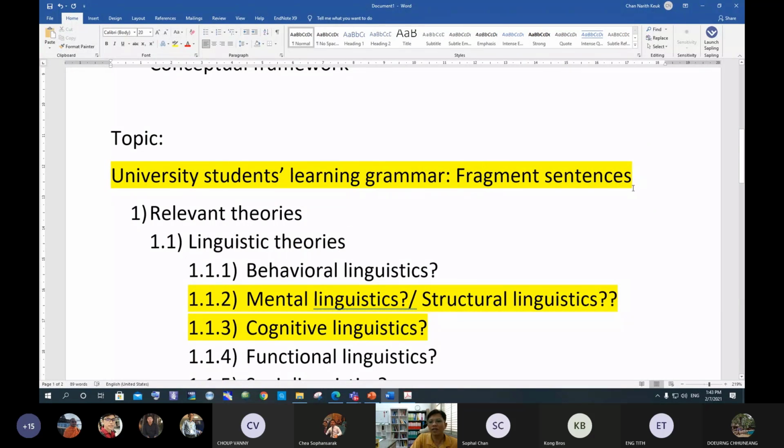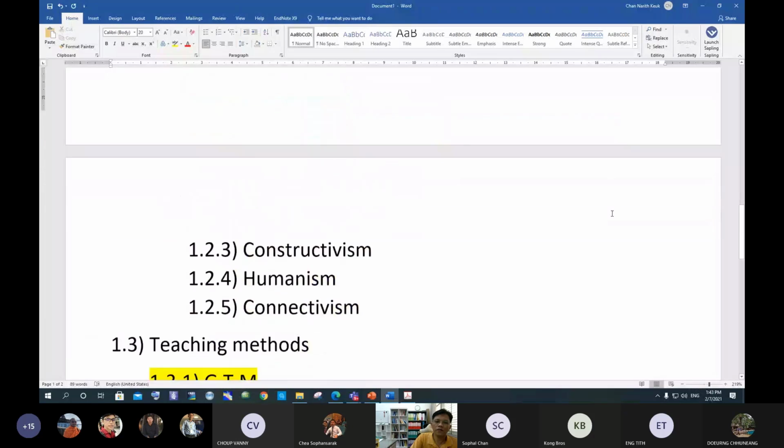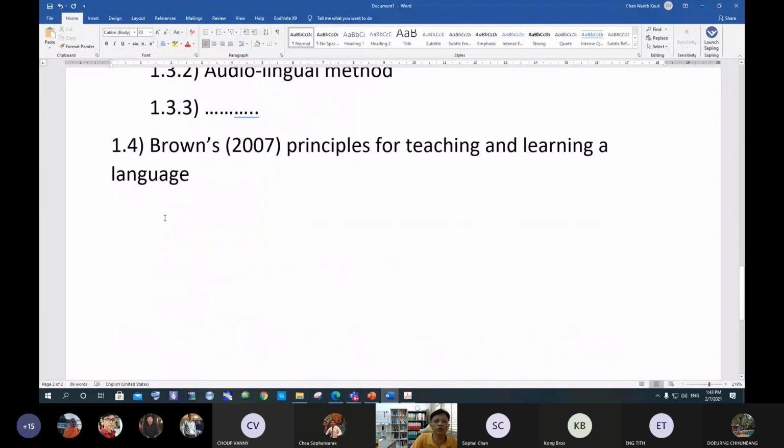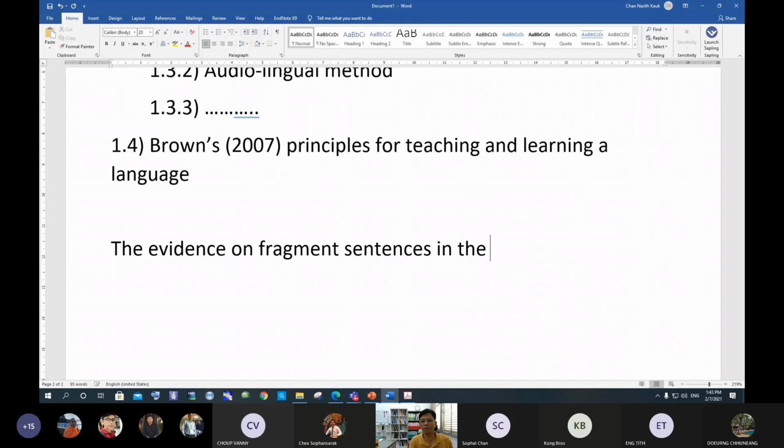Okay, and then from that review of the relevant theory, you go on to evidence on fragment sentences in the past research.